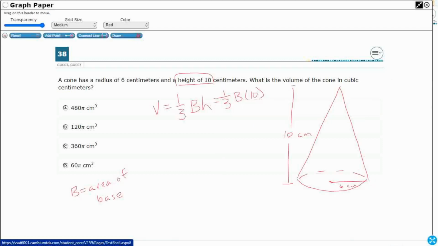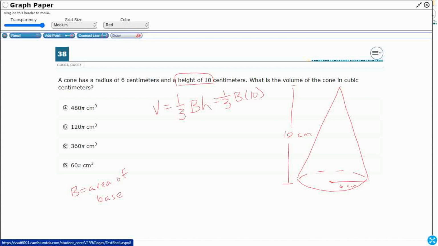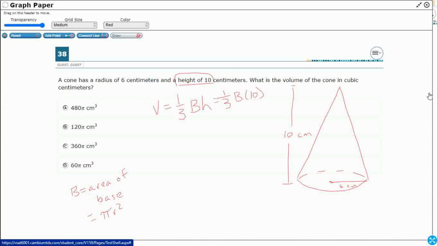So that's really what I'm doing here, I'm just going to put pi r squared, and I'm going to replace this base right here with pi r squared and rewrite it. So volume equals 1/3, and then I'm going to put pi r squared, and then I already know my height is going to be 10.